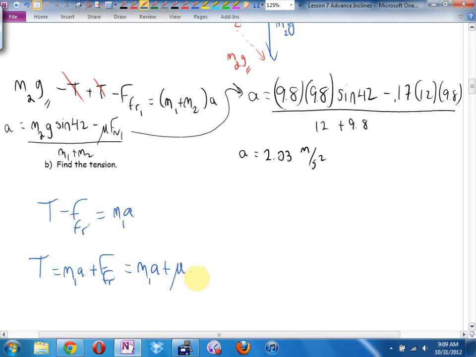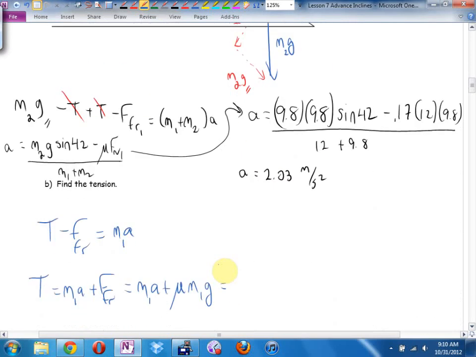It's going to be M1A plus mu times the normal force. I don't know the normal. Oh, wait a minute. For mass 1, the normal force was a lovely M1G. M1 was 9.8 or 12? 12. Times 2.03 plus 0.17 times 12 times 9.8.